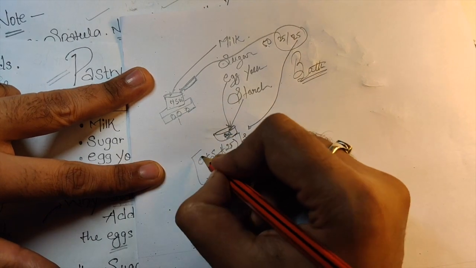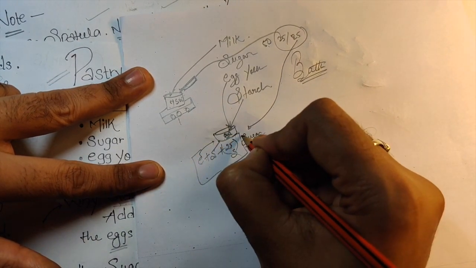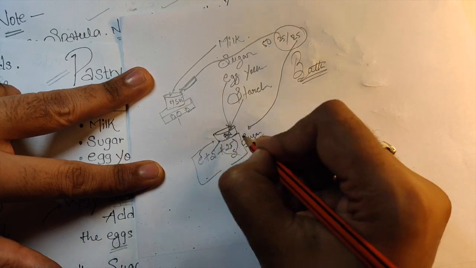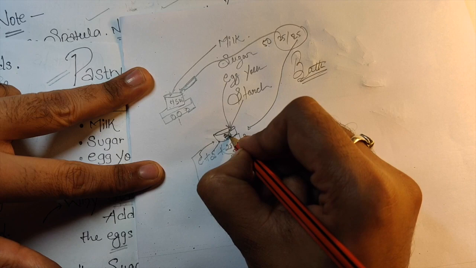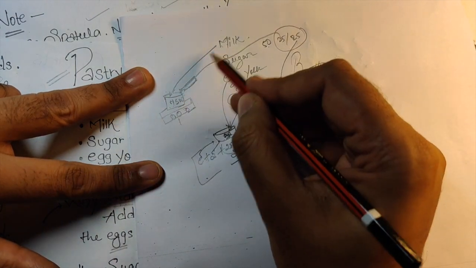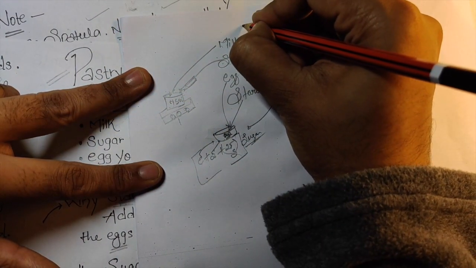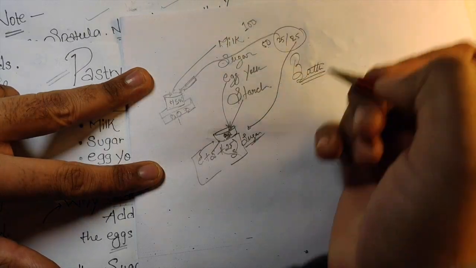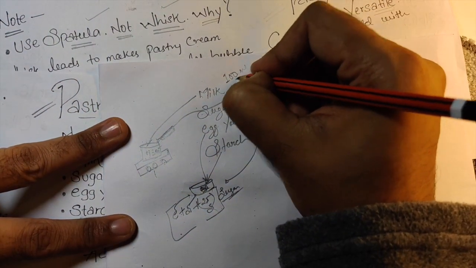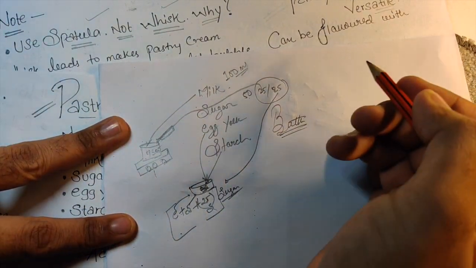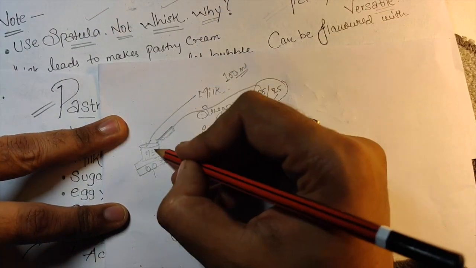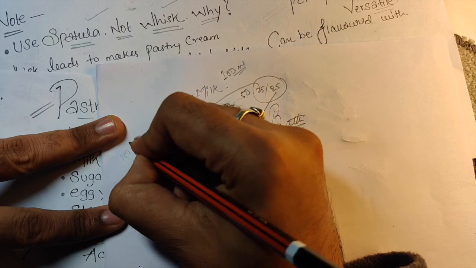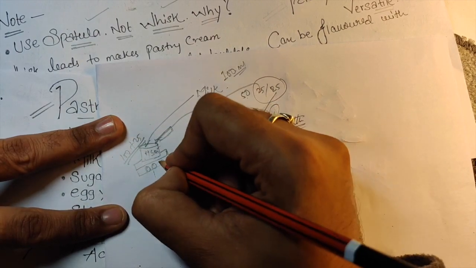That means it has eggs, starch, and sugar. These three go here. I'll just mix and I'll keep it here, right?